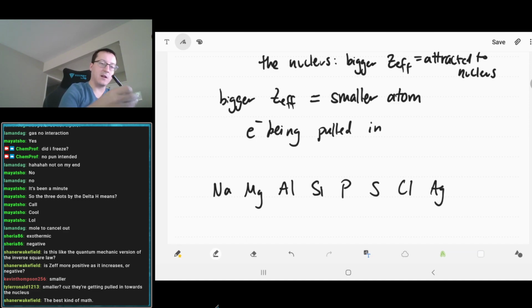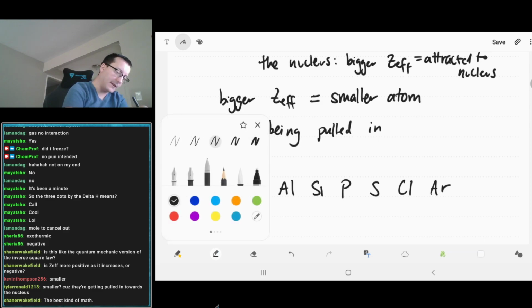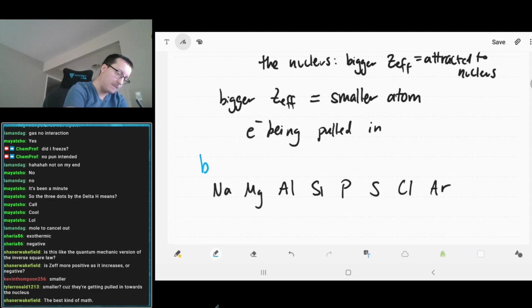That's not silver, that's argon. So that's going to tell us that sodium of this list of elements is the biggest, and argon is the smallest.